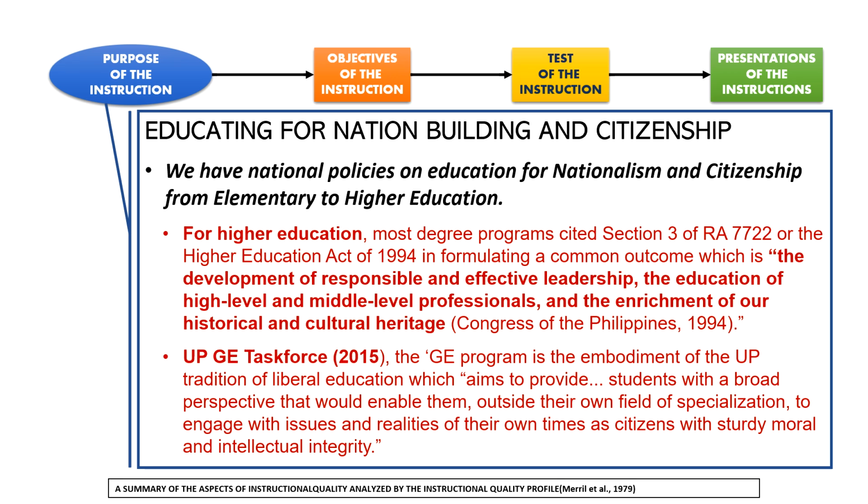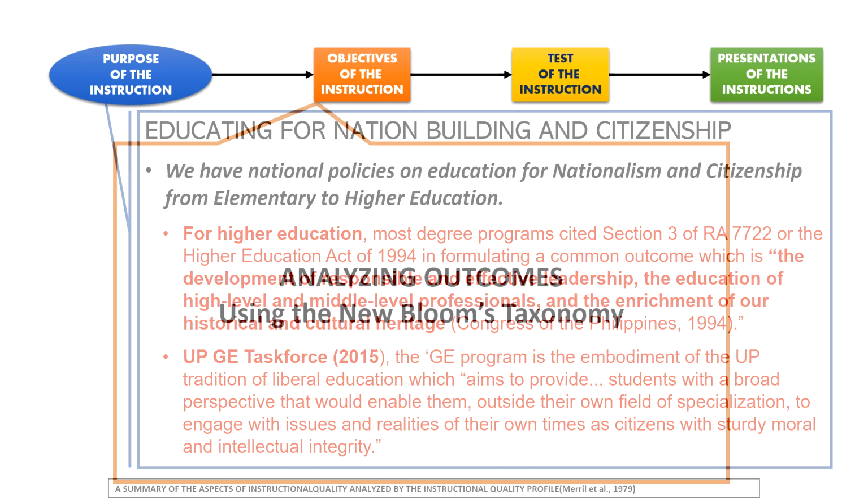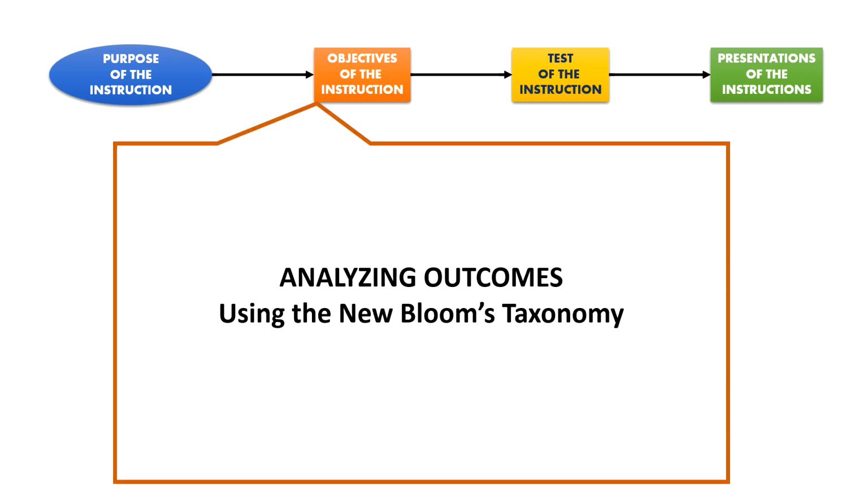So if you are to look into curriculum and nation building, you can have all other programs. This is what we have now. CMO 2016 demonstrates love of one's heritage, respect for other cultures, and commitment to service.